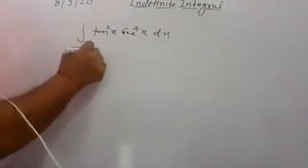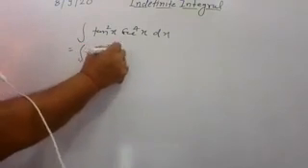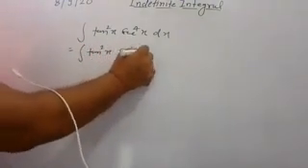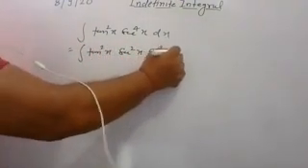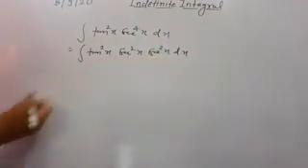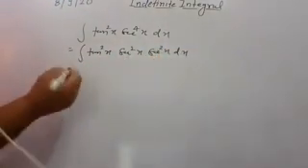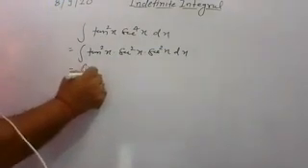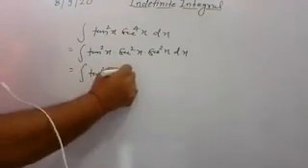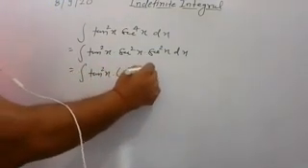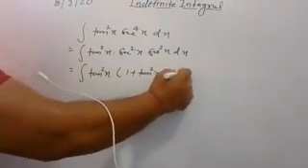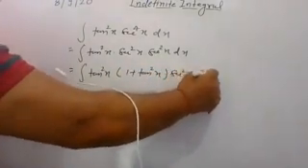So you can write that as tan square x into sec square x into sec square x dx, and convert one of those sec square x into tan. So that is equal to tan square x into 1 plus tan square x into sec square x dx.